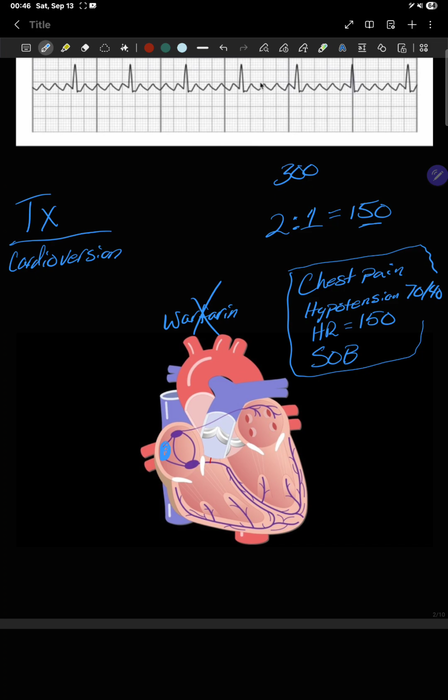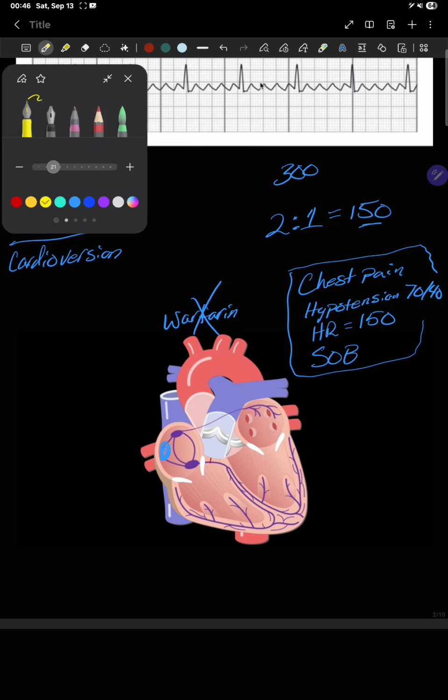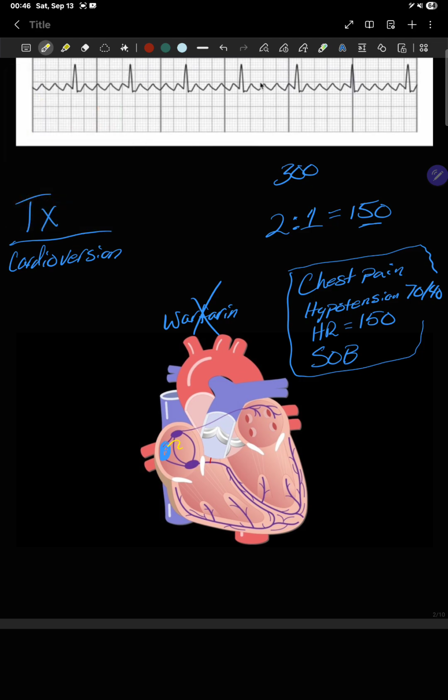The risk versus benefit is way too huge because we send in electricity, okay? And he does have a big old fat clot right here. We send in, that's my lightning bolts. We put the pads on and we put it at 50 joules. We shock them. If you ever see somebody get cardioverted, they jerk like crazy, right? It's a pounding. It looks like somebody gets punched.